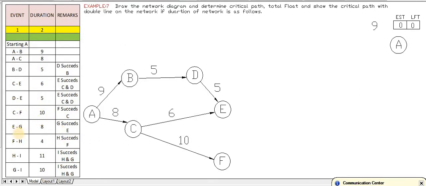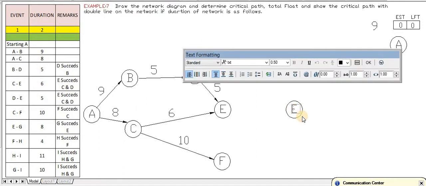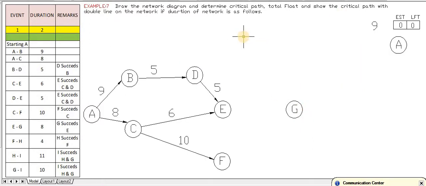What about the next line, E to G? We are starting with E and ending with G. E to G has been 8. So here we will have it somewhat in the same line, E to G, and we will draw the line also.